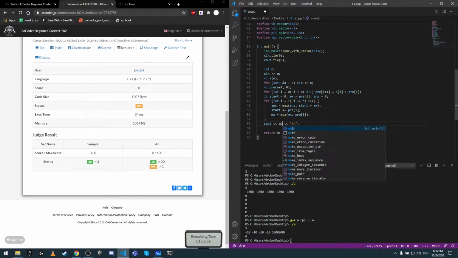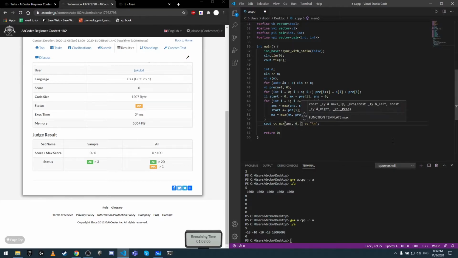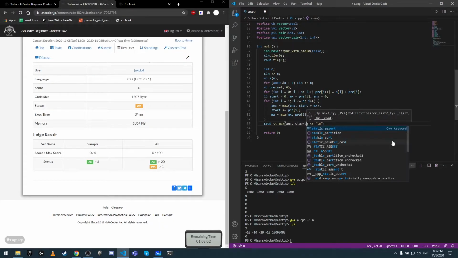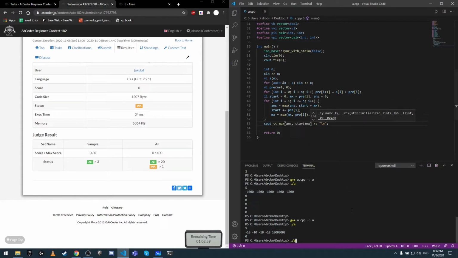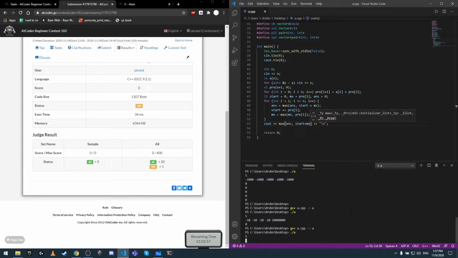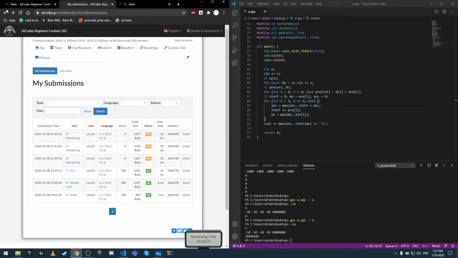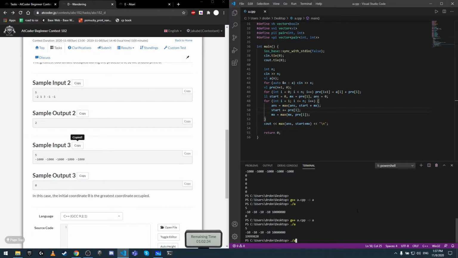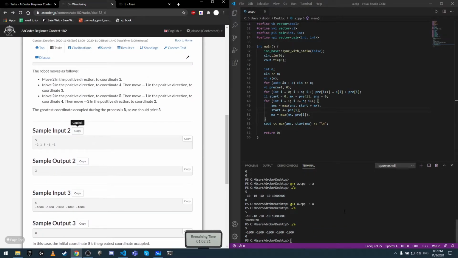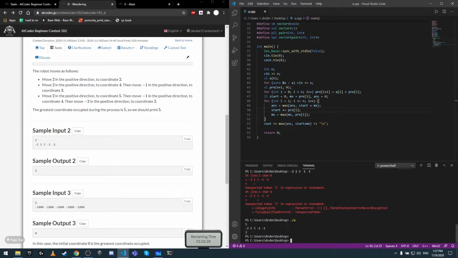So max ans 0, no start, 5, 1999998. But that's incorrect, bruh. No, it isn't. It should be correct now. Okay, let's see if it will pass this.